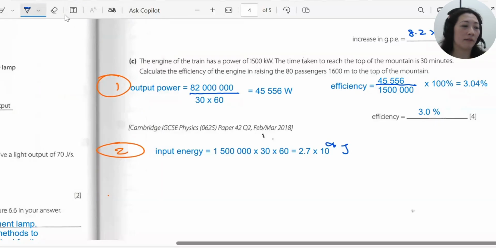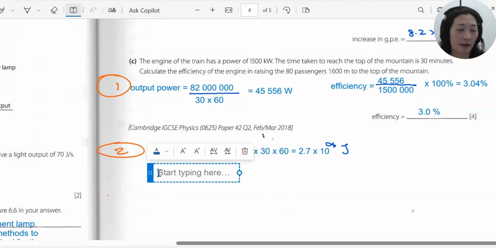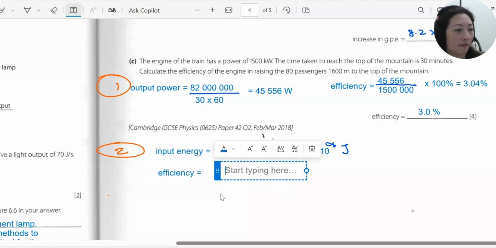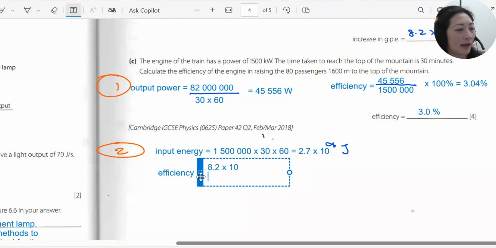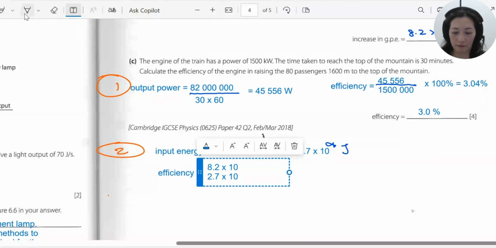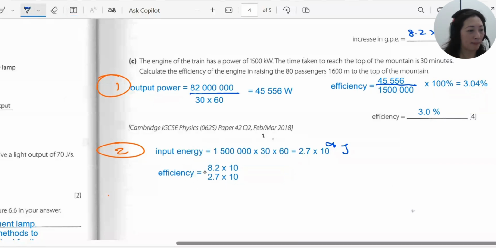Then, when you calculate efficiency, you take the output energy, which was 8.2 times 10 to the power of 7 joules, divided by the input energy of 2.7 times 10 to the power of 9. Let me use my pen to write this.